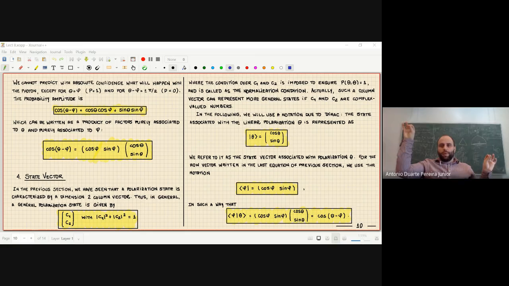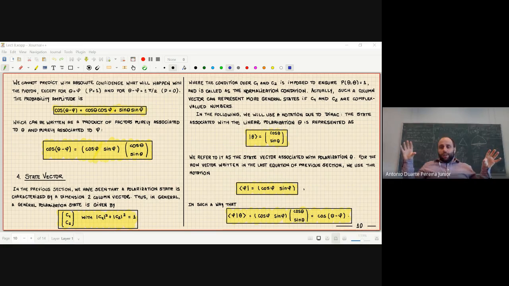In quantum mechanics, I have an initial state, and I want to compute the probability of finding this system in a different state. Sometimes the probability for that to happen is 100%. As we saw for photons polarized in the theta direction, when the second polarizer is also in the theta direction, you're going to find photons after the second polarizer with polarization theta with 100% confidence.